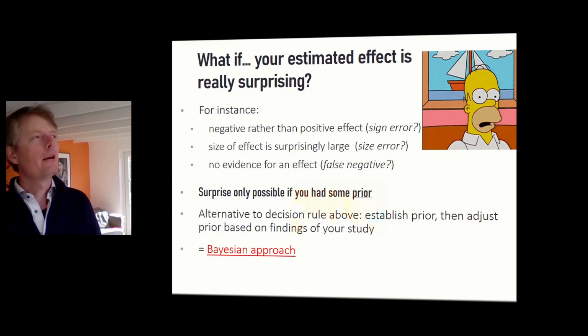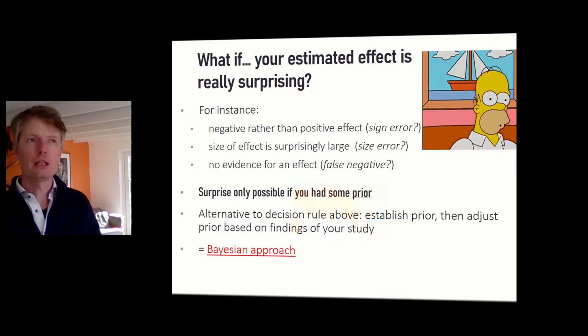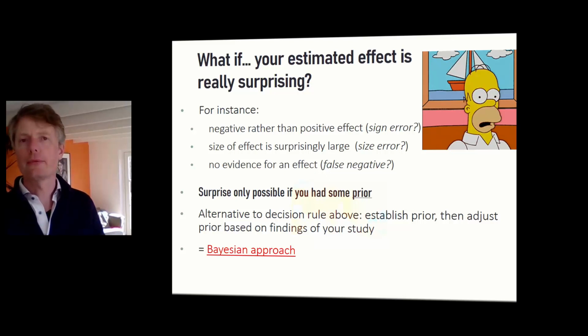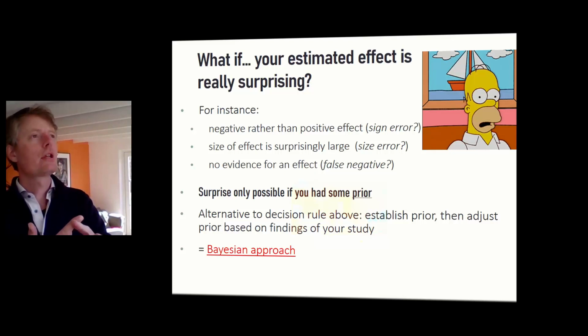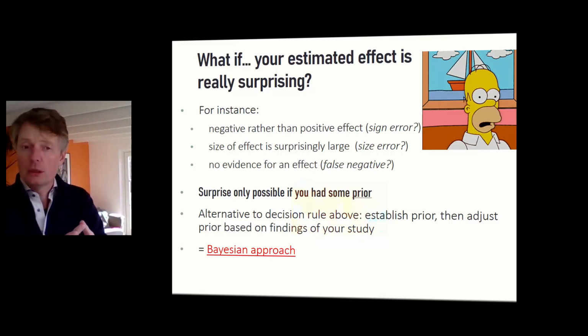So this all means to question the results of your study. And obviously, a surprise is only possible if you had some prior. Right? So you had some idea of what to expect about the sign, the size, and also whether you are going to find any effect or not.